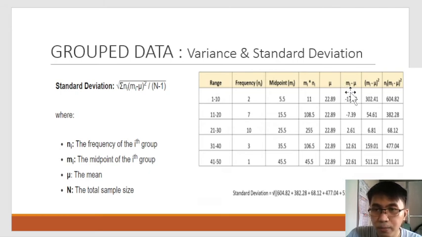Ngayon, yung midpoint po natin minus the mean. So, 5.5 minus 22.89 is negative 17.39. 15.5 minus 22.89 is negative 7.39 and so on. Next, kailangan po natin yung squared value nung midpoint minus the mean. So, yung 17.39 squared is 302.41.